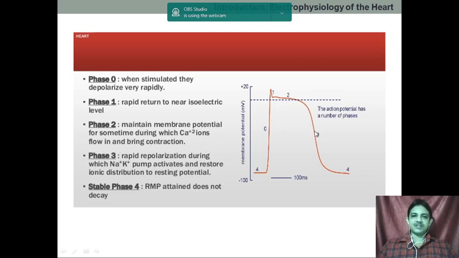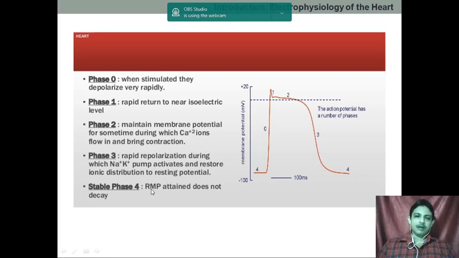Here again comes the repolarization, rapid repolarization, during which the sodium potassium pump activates. Potassium goes out, meaning positive charge ions go out, meaning the membrane potential is coming down. That is what we call repolarization.